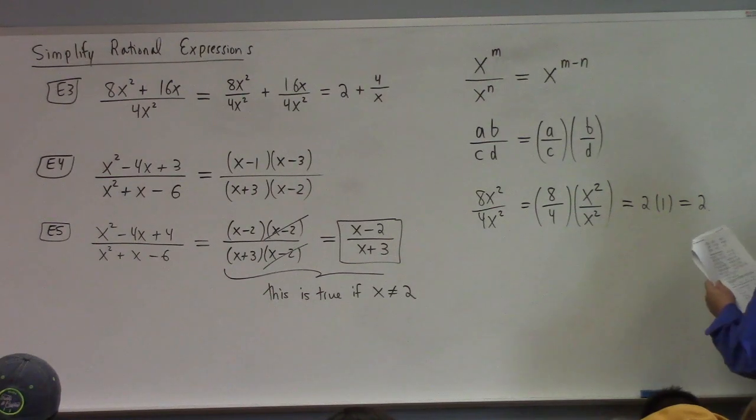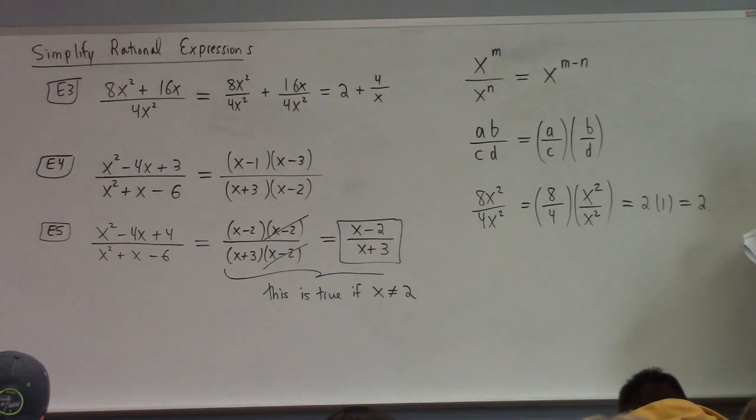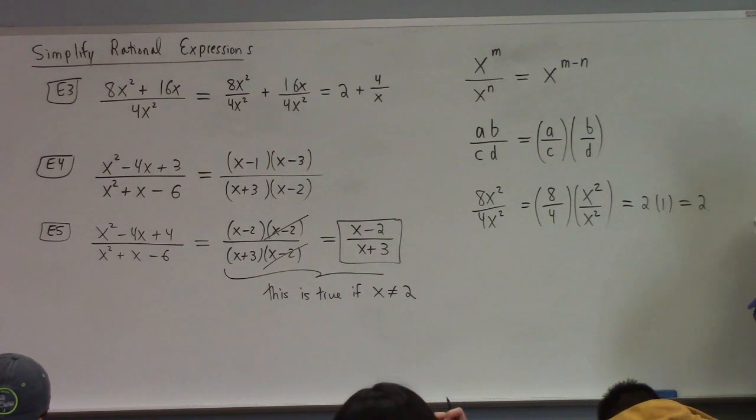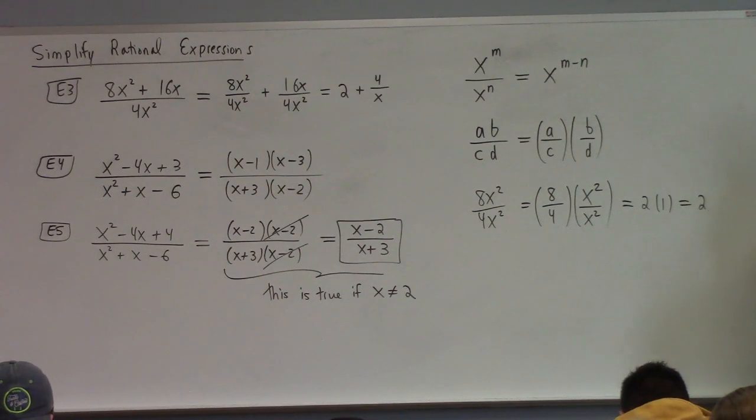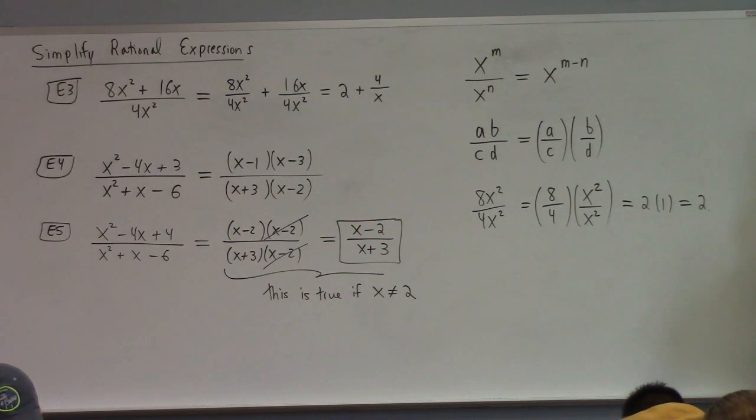Example 6 will be 15p cubed divided by 9p squared, multiplied by 12p divided by 10p cubed. So that would be example 6.